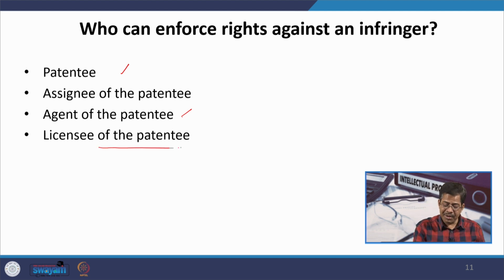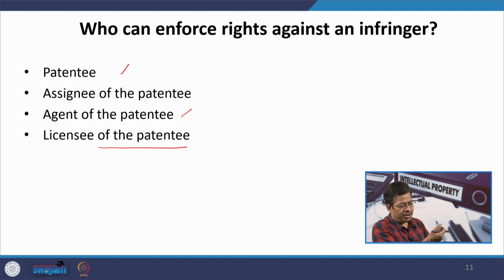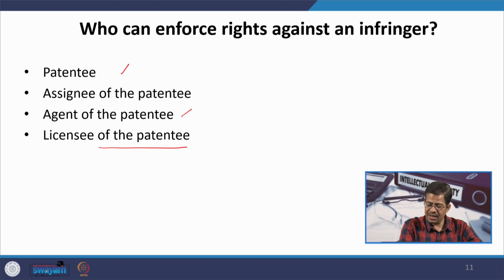The licensee of the patentee, you have done some kind of license agreement for this particular IP with somebody, and because that person is holding the license for some kind of commercial interest. But now, if somebody has infringed, the benefits of this licensee will also be reduced. So, therefore, he is also given the permission to sue against the infringers.